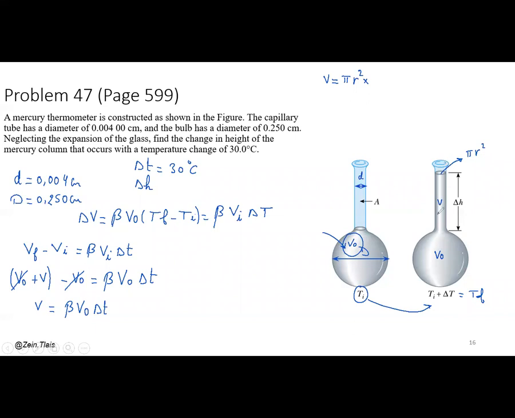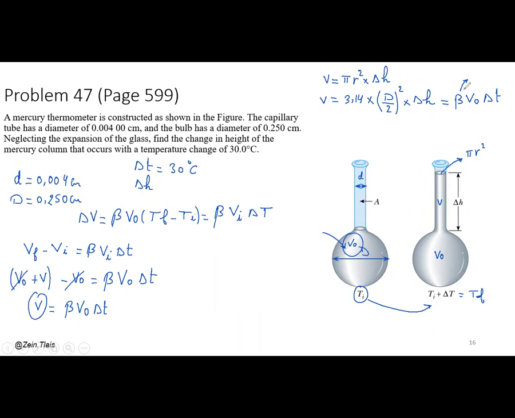The height equals delta H. Okay, equals pi, 3.14, times r, where r equals d divided by 2, squared, times delta H. This is the volume v, this one, which is equal to beta V0 times delta T.